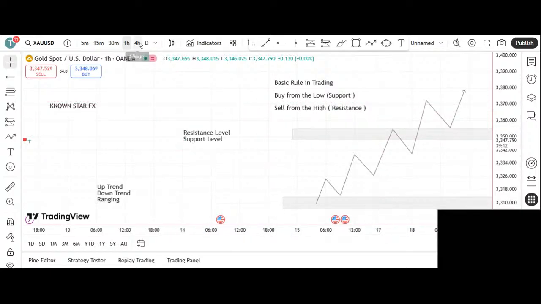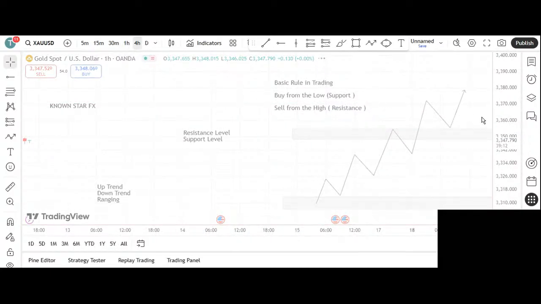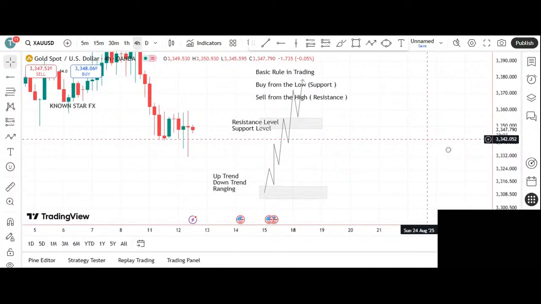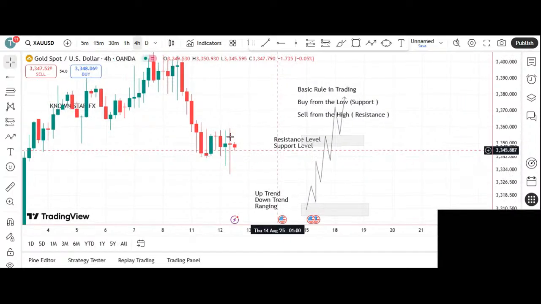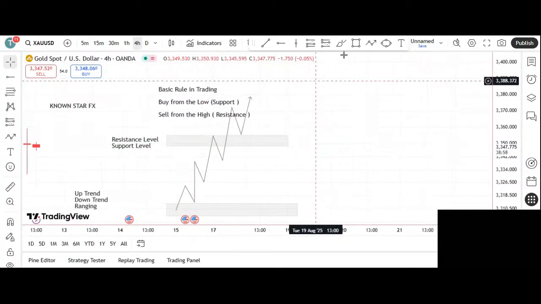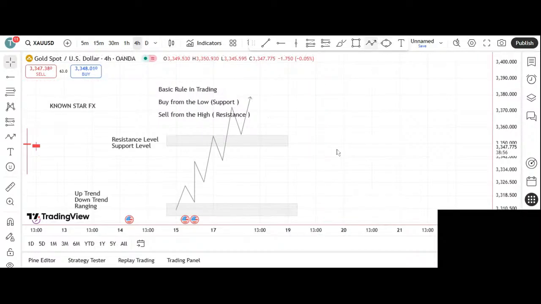Now let me go to the higher time frame before I actually start showing you the graphical, the proper, let's try to identify some resistance and support levels in the market. Now let's be more practical, right?